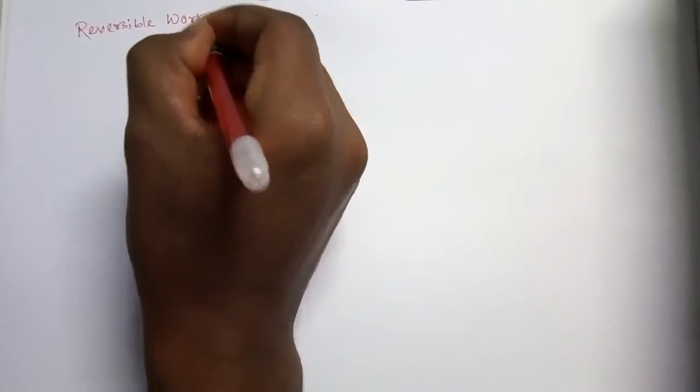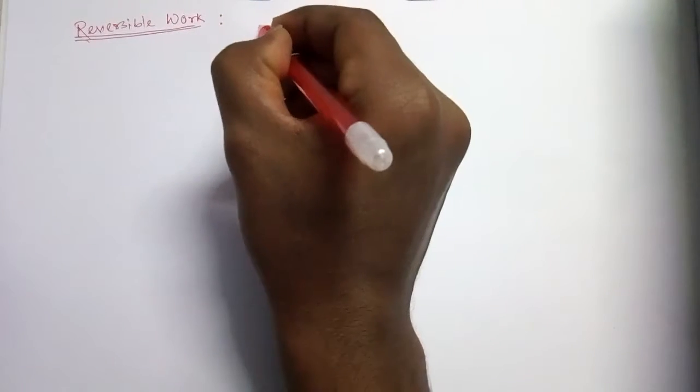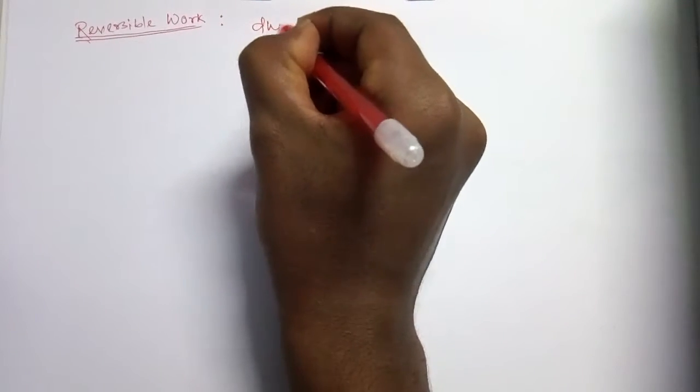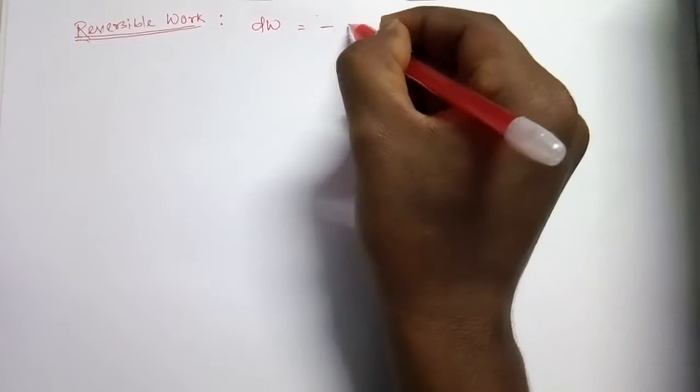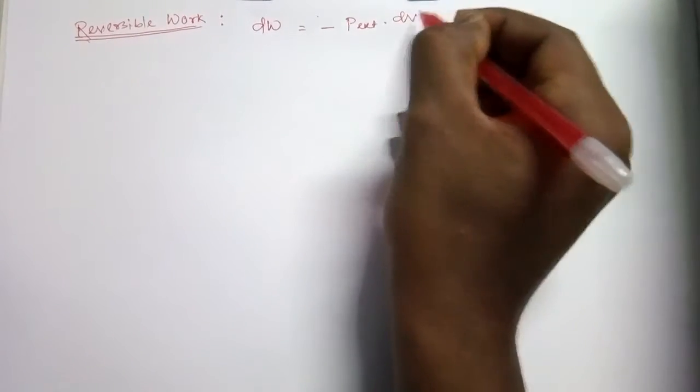Now for reversible work, the work's general expression is dW equal to minus P external into dV, right?